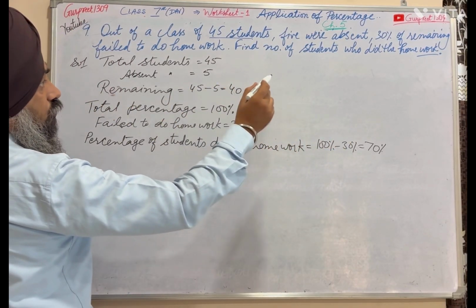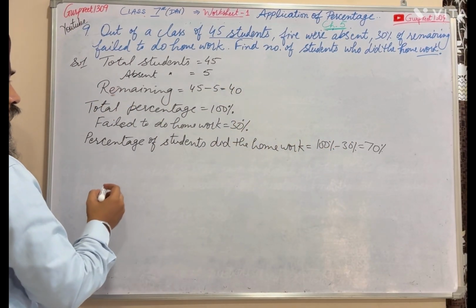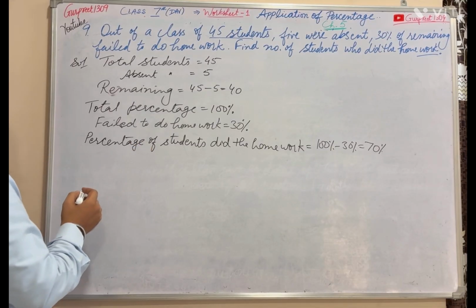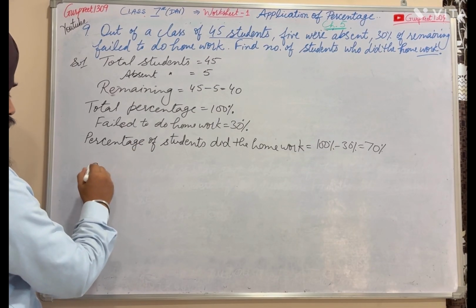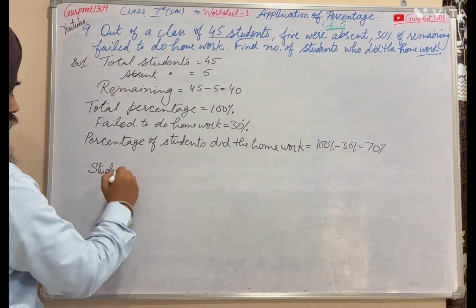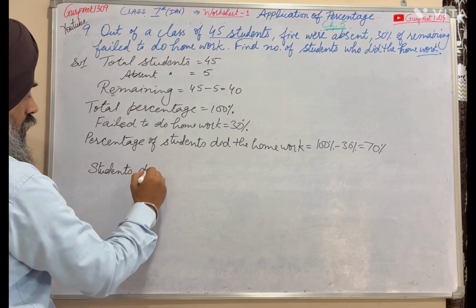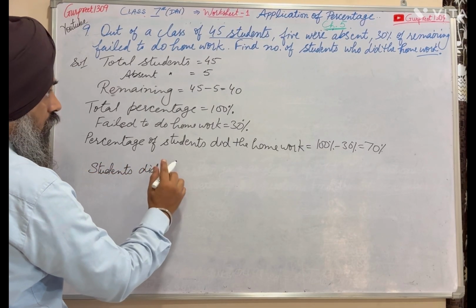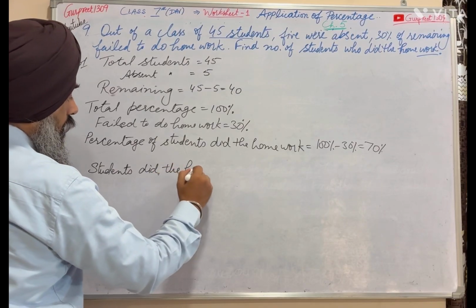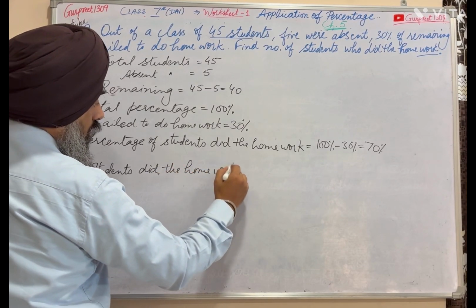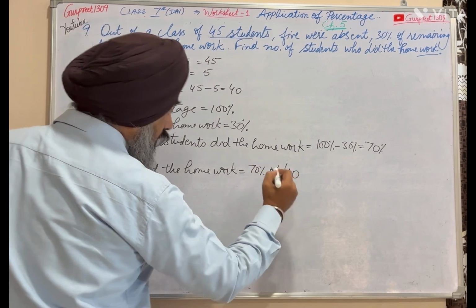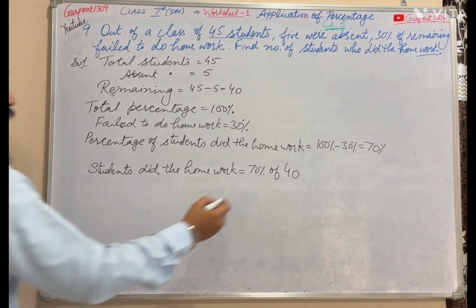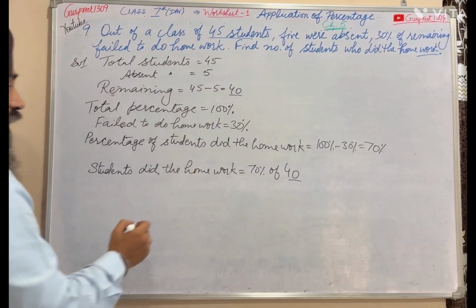So what is the number of students who did the homework? 70% of the total have done the work. So students who did the homework: 70% of 40, because 40 is the total number of students we have.